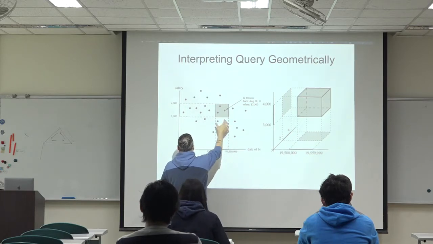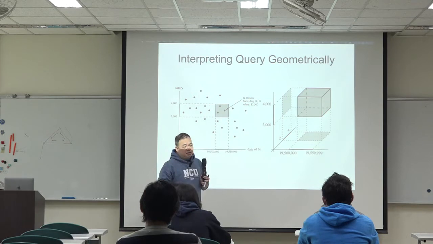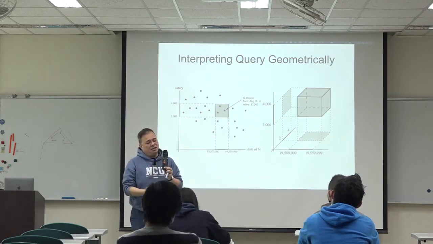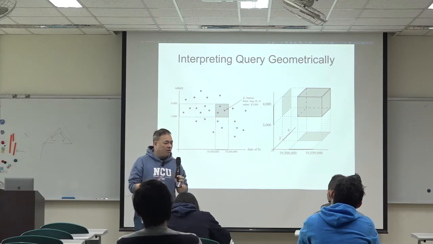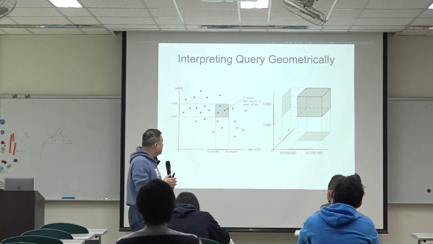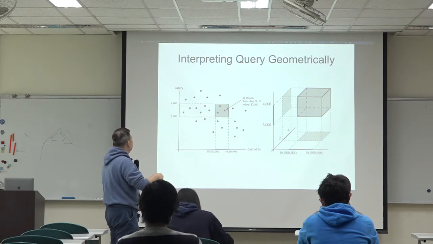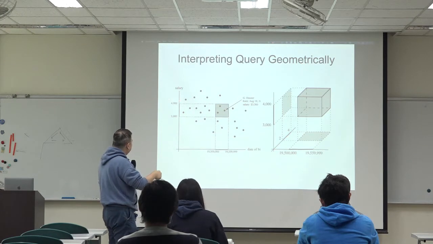Okay, and we also want to know, for employees of this age, what are their salaries? We are particularly interested in those employees of this age whose monthly salaries are between 3,000 and 4,000.